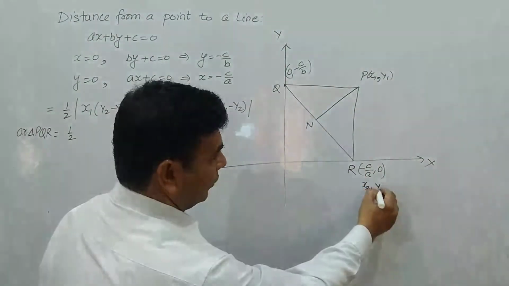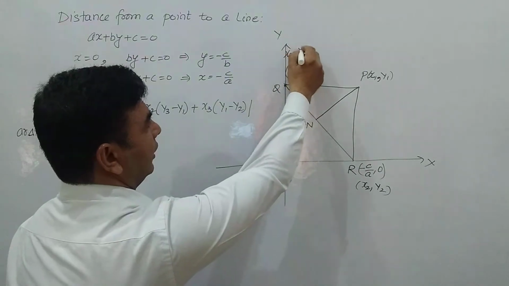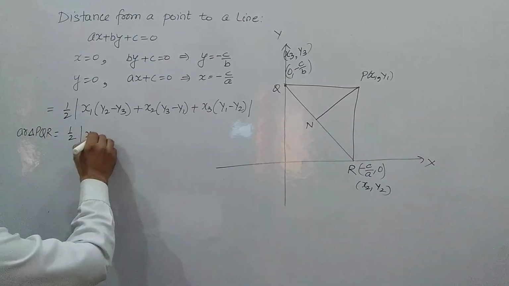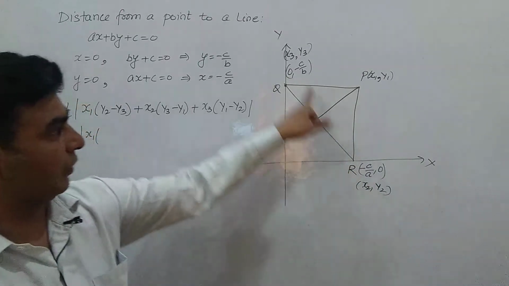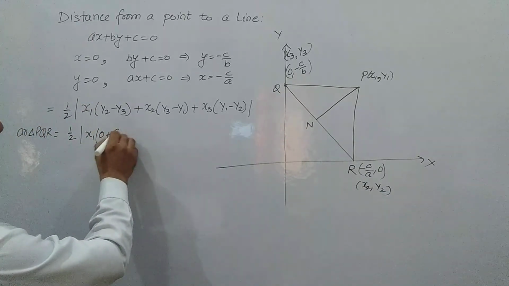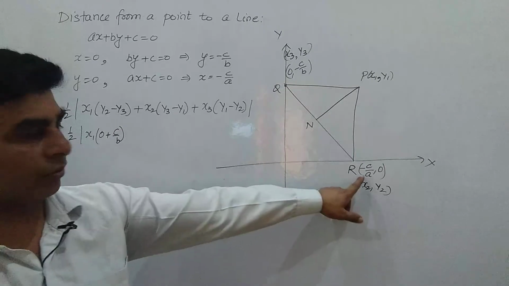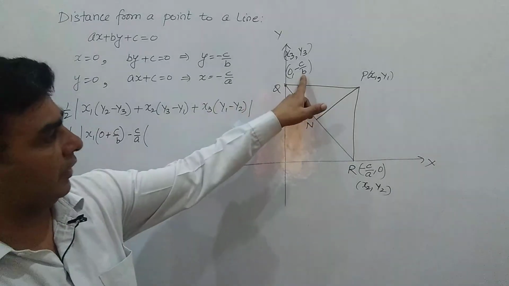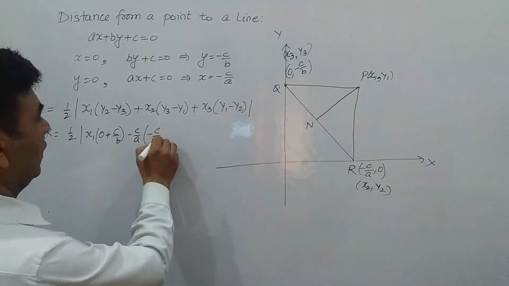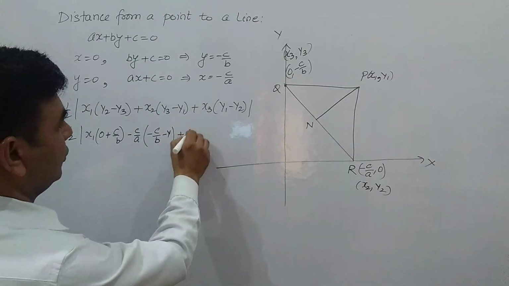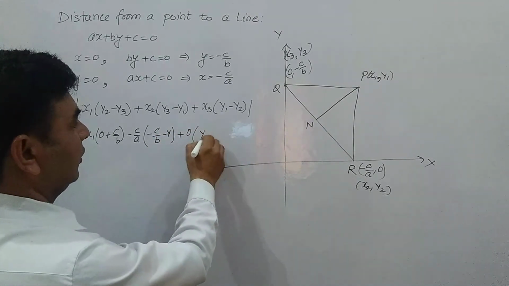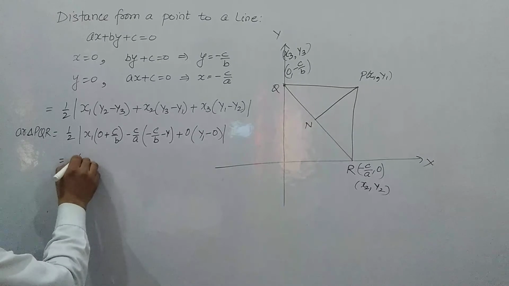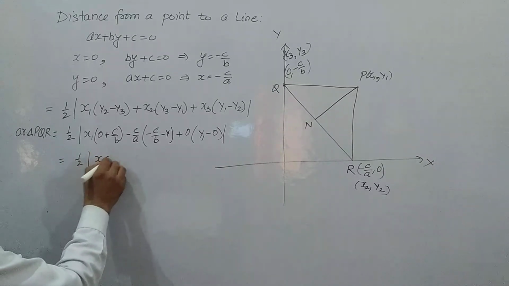So area of triangle PQR will be given by x1, which remains the same, times y2 minus y3, which is 0 plus c by b, and what is x2? x2 is minus c by a, so this is minus c by a, times y3 minus y1, which is minus c by b minus y1, plus x3, which is 0, times y1 minus y2, which is 0.